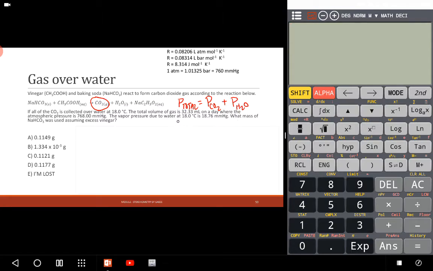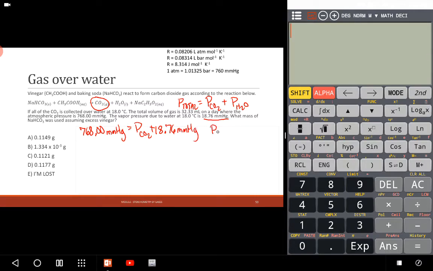So that is going to be 768.00 millimeters of mercury is equal to my partial pressure due to carbon dioxide, and then it's telling me my vapor pressure of water, 18.76 millimeters of mercury.